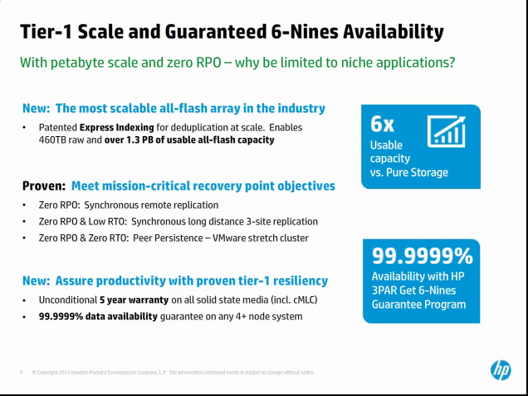And this is something that's very different amongst a lot of the other flash players in the industry, who will have warranty exemptions or disclaimers for flash wear out. That's something we don't believe is acceptable. So we are able to offer and support a 5-year unconditional warranty on 3PAR flash.